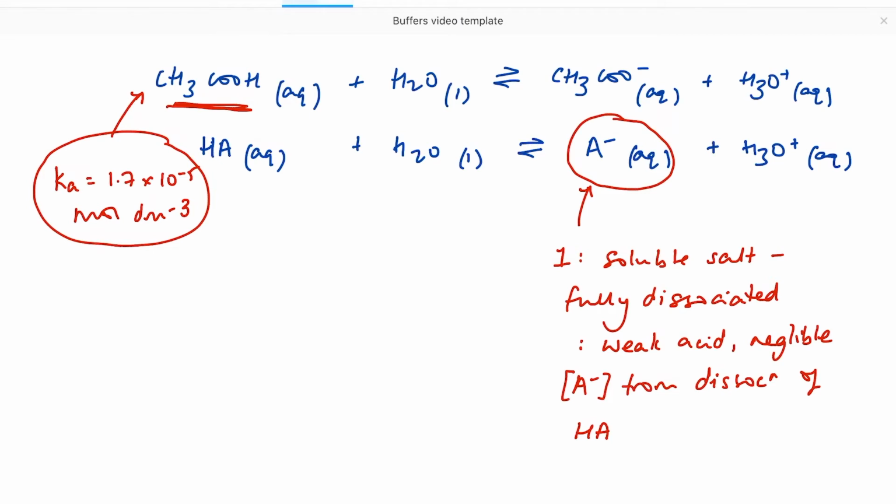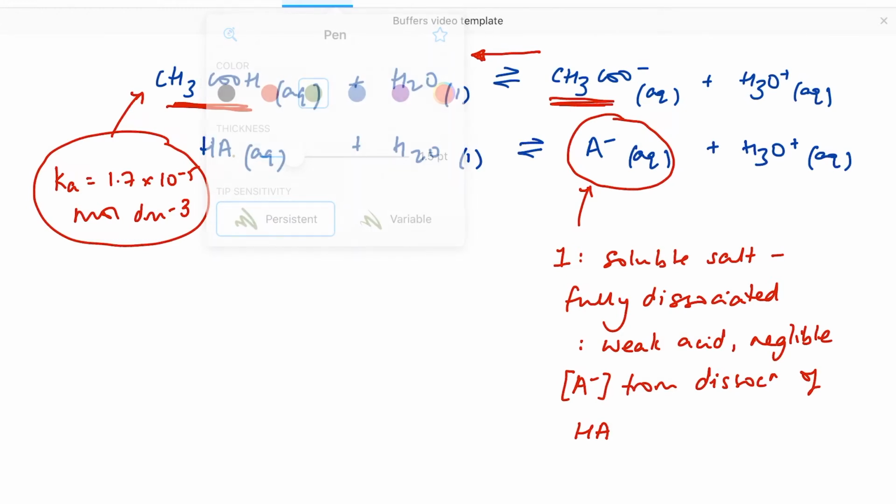And we can also see that because it's a system in equilibrium, the presence of ethanoate ions, or A-, is going to push the position of equilibrium further to the left, which is going to suppress any dissociation of ethanoic acid, or our weak acid.